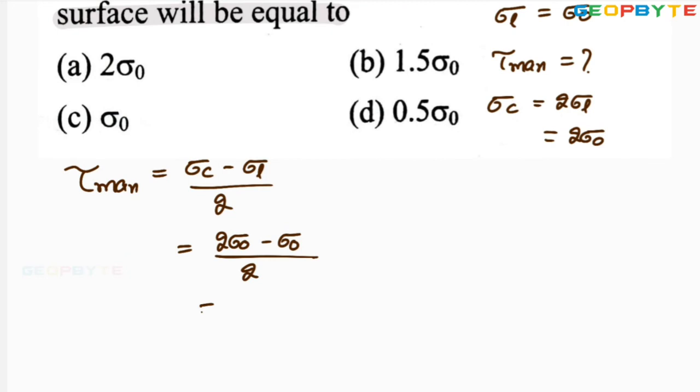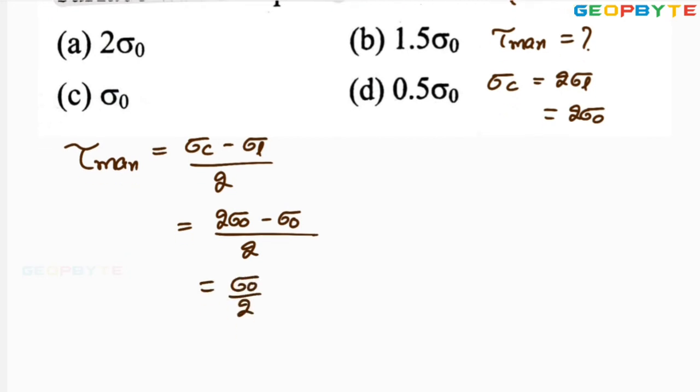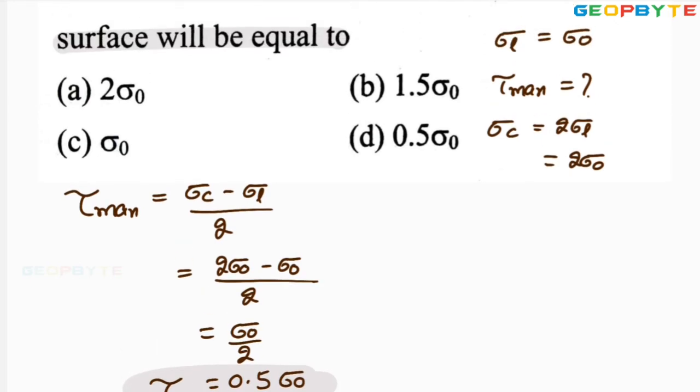It is equal to sigma naught by 2, that is 0.5 times the sigma naught. So anyhow, the shear stress developed tau equal to 0.5 times the sigma naught. Look at the options. Option D is absolutely correct. I hope you clearly understood. Let us go for the next problem.